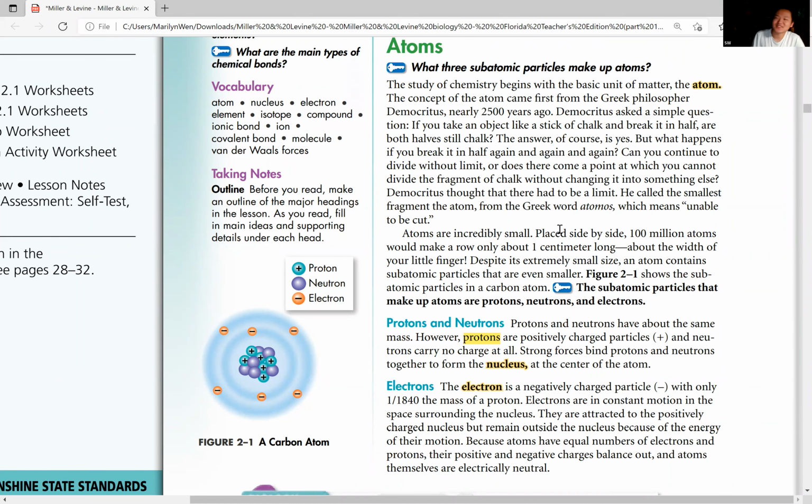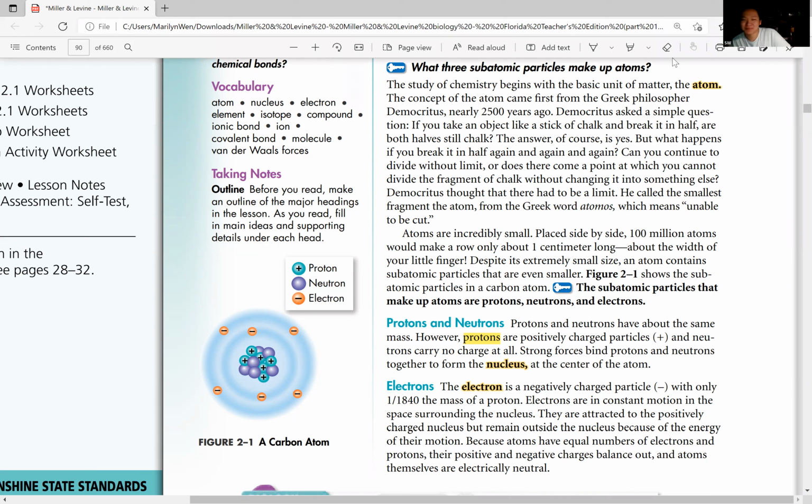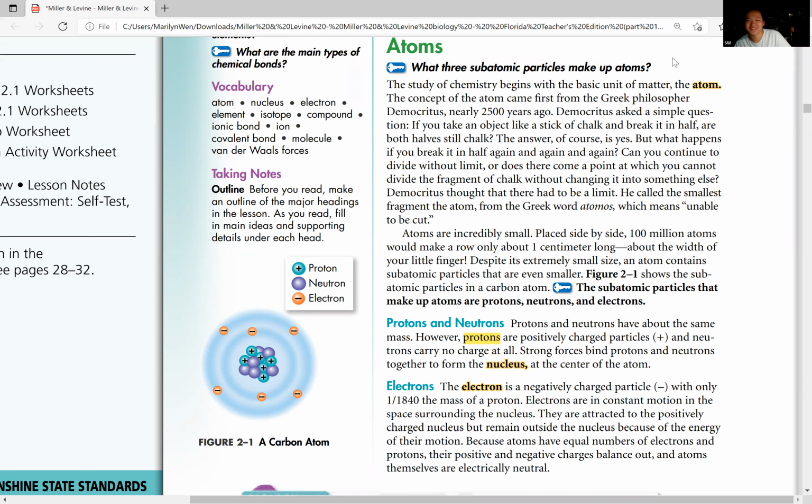No, something is the basic unit of life. It's not DNA. Cells are the basic unit of life.